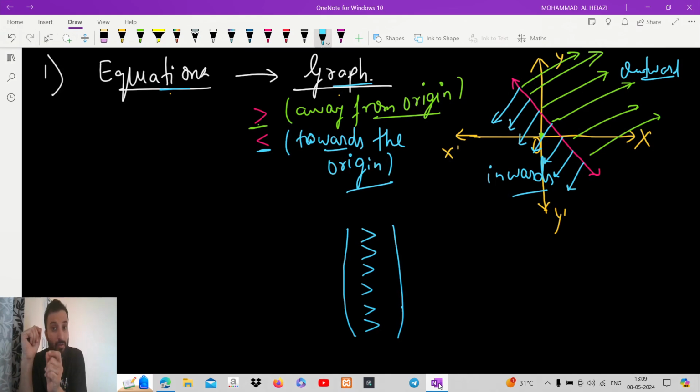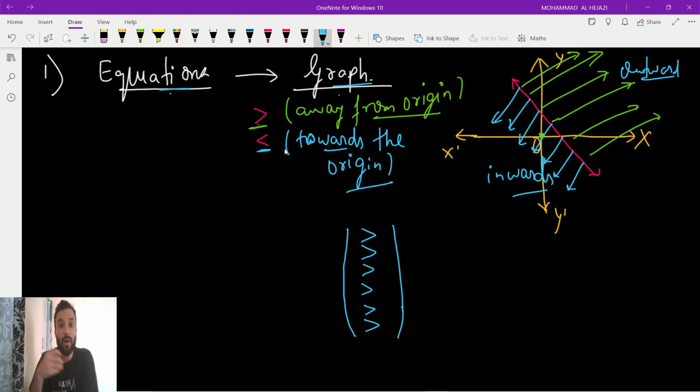Okay, so in that also the condition is there. If greater than sign, it means away from the origin, or you can say outwards. Lesser than symbol means towards the origin, or you can say inwards. So guys, what I have told, we have to just remember the symbol. We don't care about the equations and all, just the symbol.